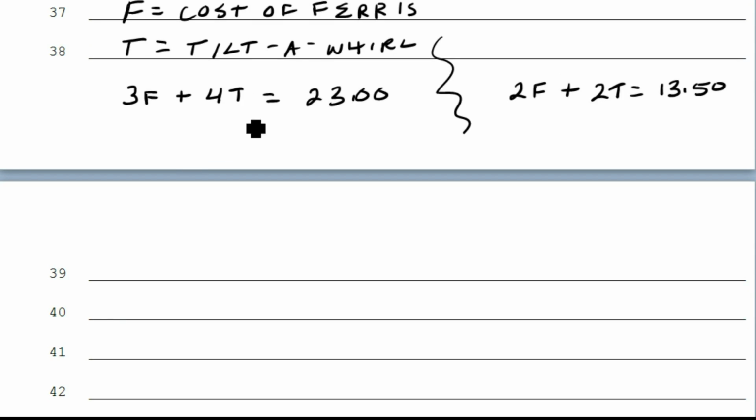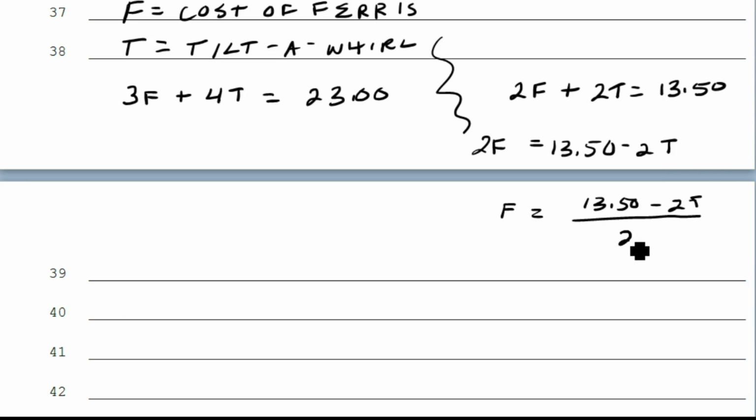Now you can choose either side and solve for one of them. I'm going to solve this side for F. That means taking everything else onto the right side. Add minus 2T to each side, you get 2F equals 13.50 minus 2T. F equals 13.50 minus 2T, all divided by 2.